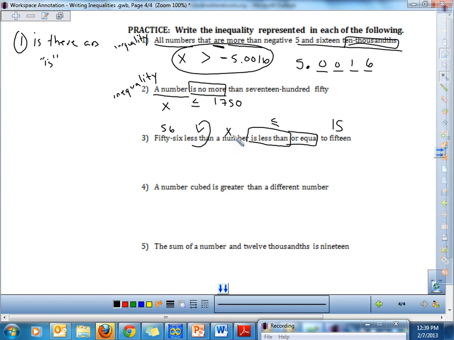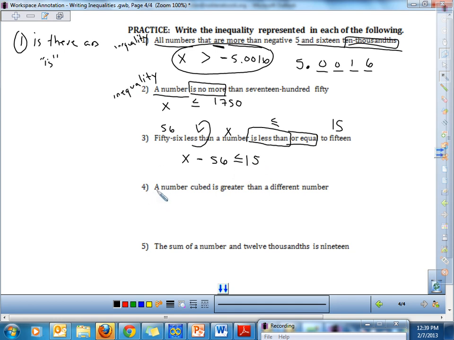So what I have here is a combination of something that I need to rearrange, an inequality, and then an answer. So this will look like X is less than 56. X less than 56 is less than or equal to 15. Getting myself confused. Lots of less than there. X less than 56 is less than or equal to 15.